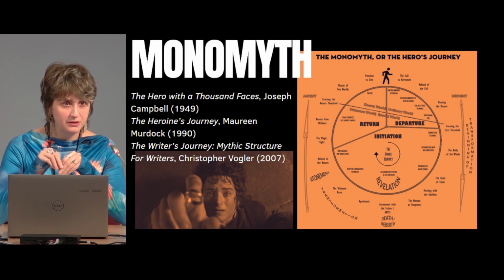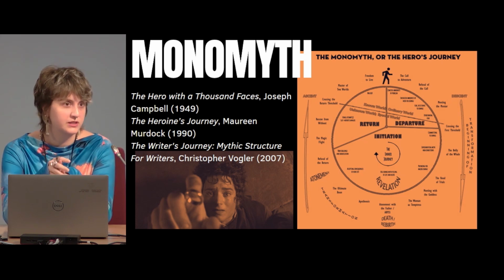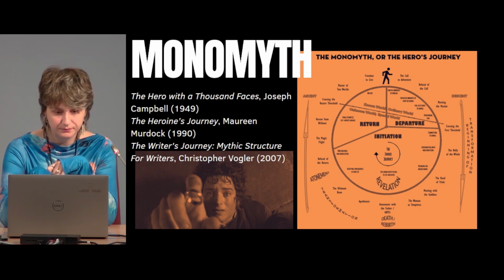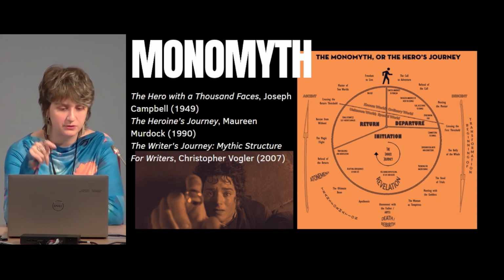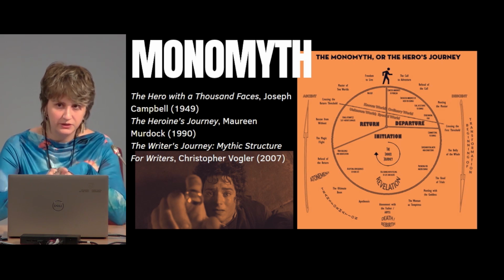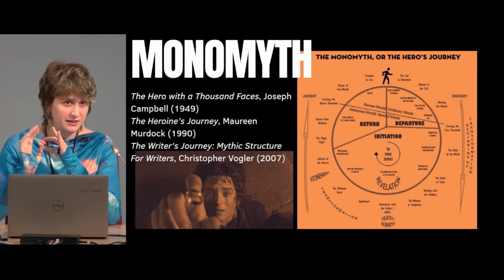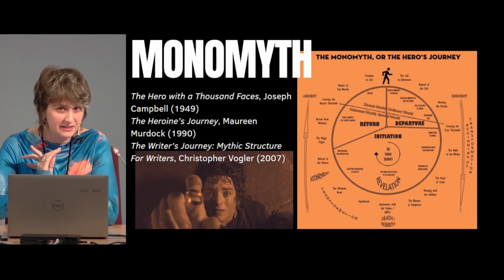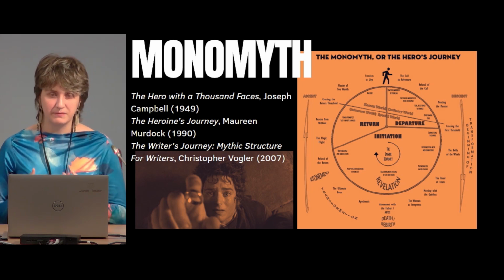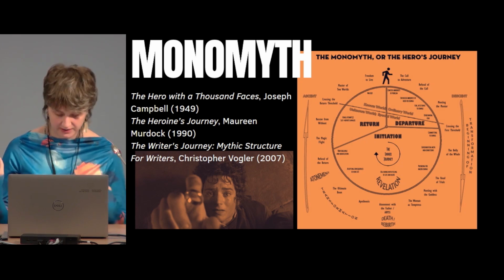The most famous division was made by Hollywood screenwriter Christopher Vogler in his book, The Writer's Journey: Mythic Structure for Writers. And this is the one that I will use here today because it is shorter, easier to apply and understand, because its steps are a bit broader. And coming from a screenwriter, I believe it feels more relatable to contemporary audiences.